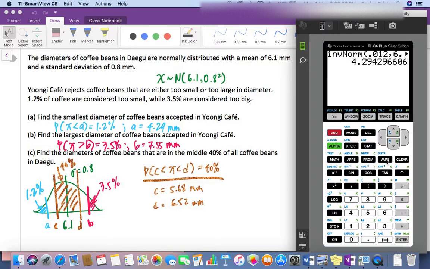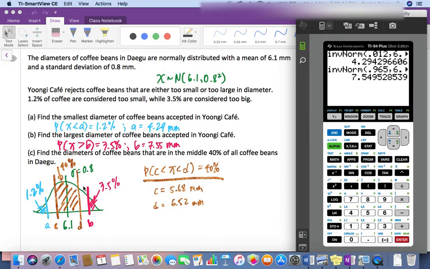So for part B, you have to change this area so that it gives the area from the left. If that's 3.5% on the right, the area from the left should be 96.5%, and that should be the area you provide in your calculator to give you the same answer over here.